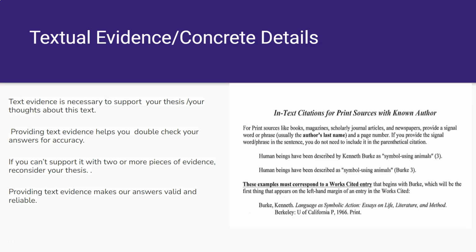Okay? I provided an example for you right here. You see the quote, you see the parentheses, you see the page number right here. It's the same thing. You see the quote, you see the author's last name, and then the page number right here.